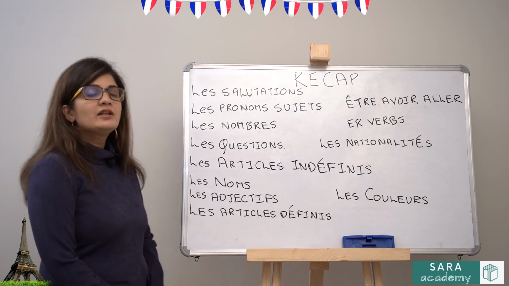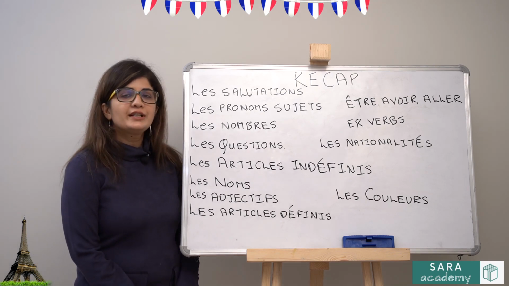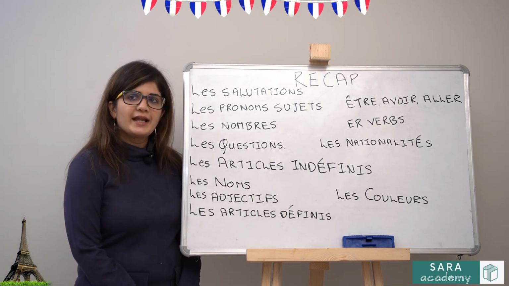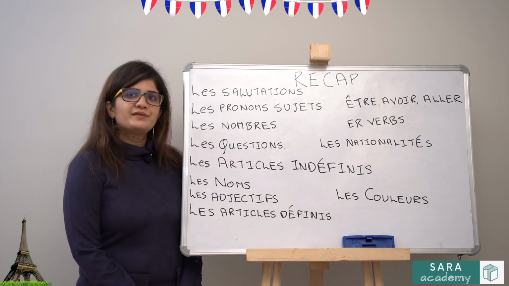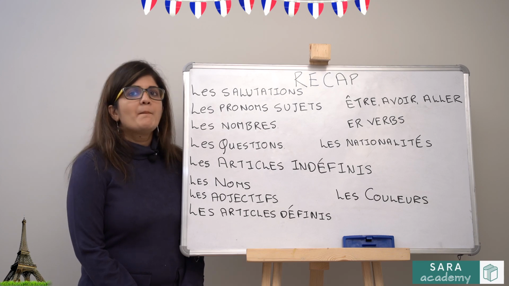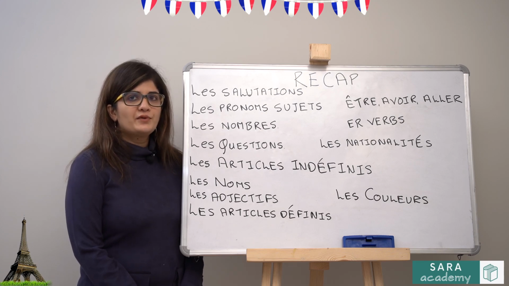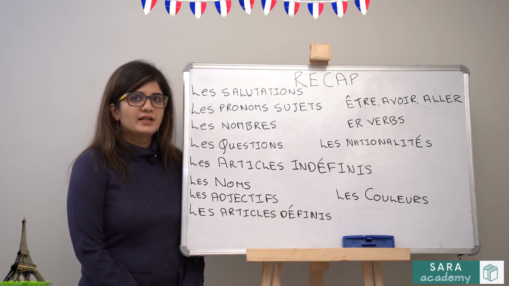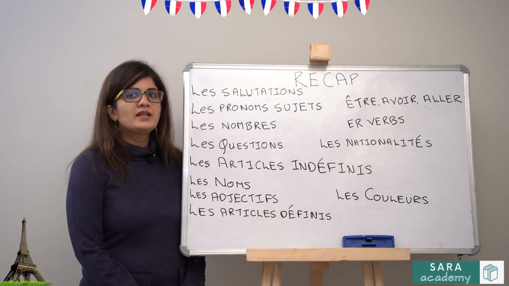Now how do we make a noun plural? So in English we make a noun plural by adding an S. The same logic applies in French. Generally we make a noun plural by adding an S. But if in the singular form the noun ends with S, X or Z, it remains the same in the plural form.